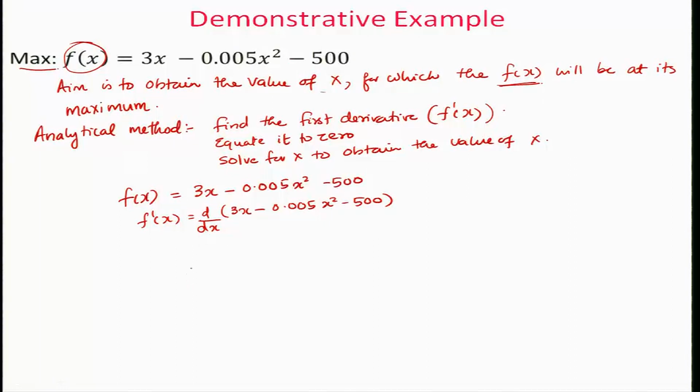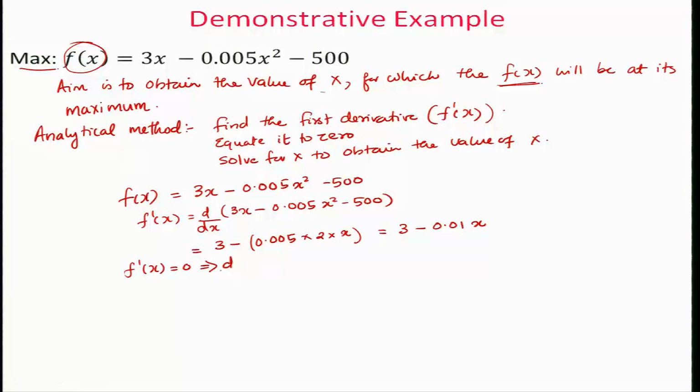Which will translate to 3 minus 0.005 times 2 times x, and this will be 0 because the derivative of a constant will be 0, which will be equal to 3 minus 0.01 x.